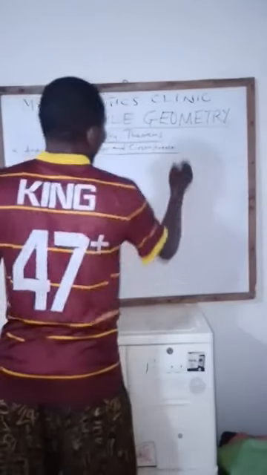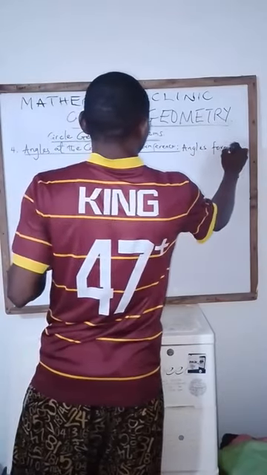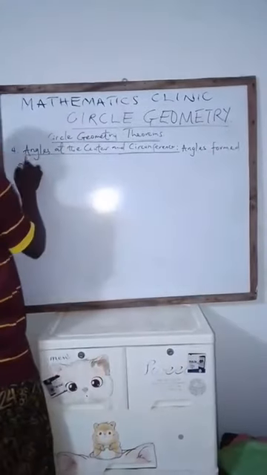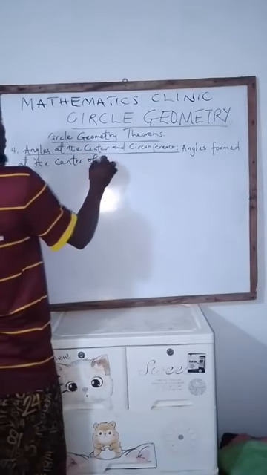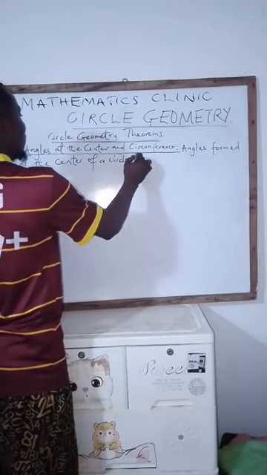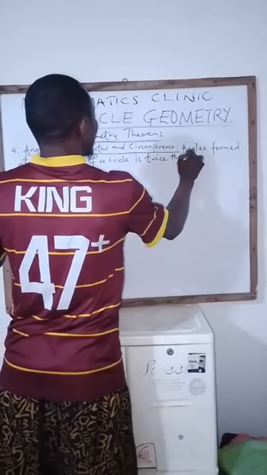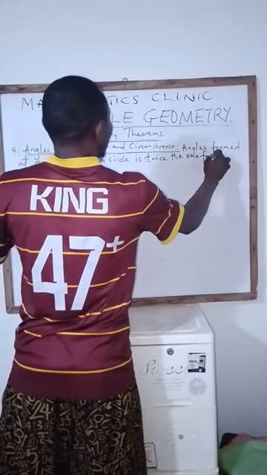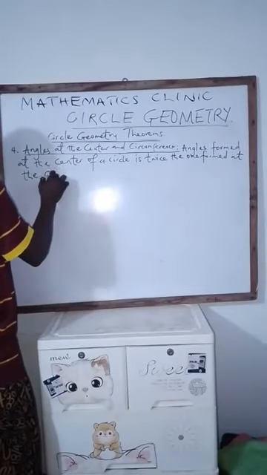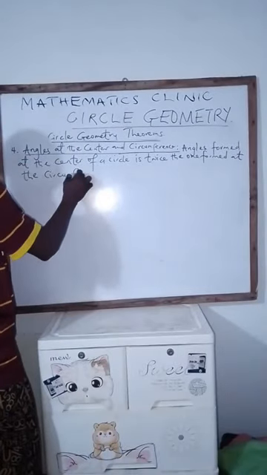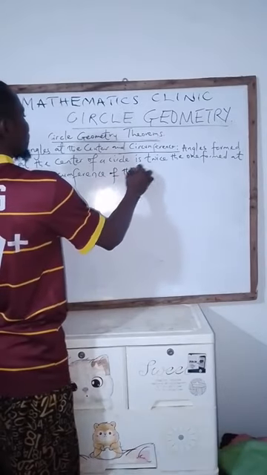The theorem says that angles formed at the center of a circle is twice the one formed at the circumference of the circle.